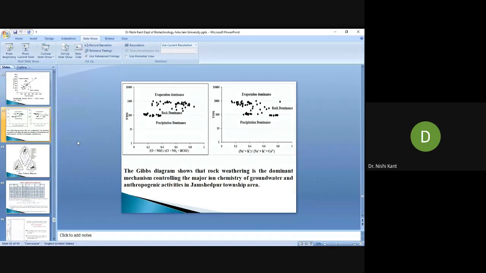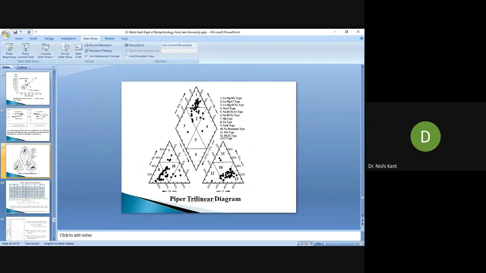The geochemical process might be triggered by rainwater infiltration through the soil profile and bedrock, leading to the desorption of iron in the groundwater system.